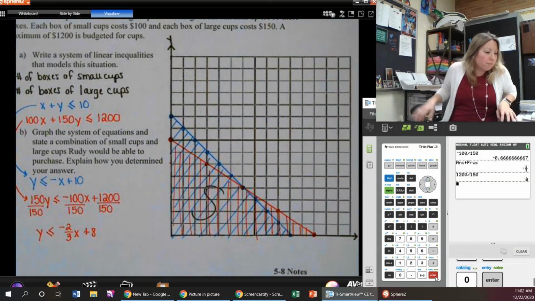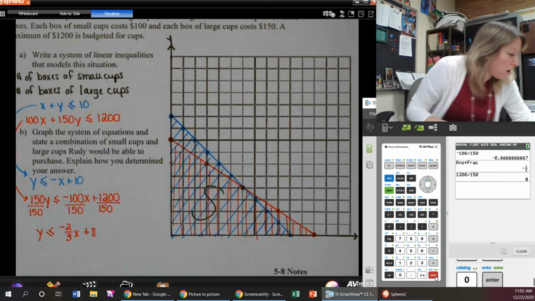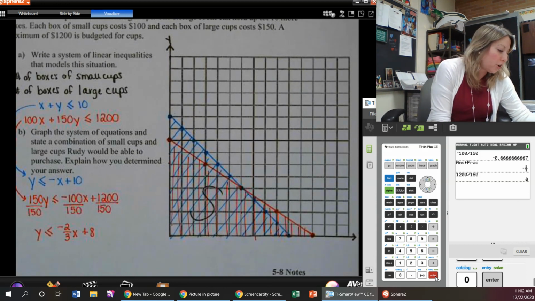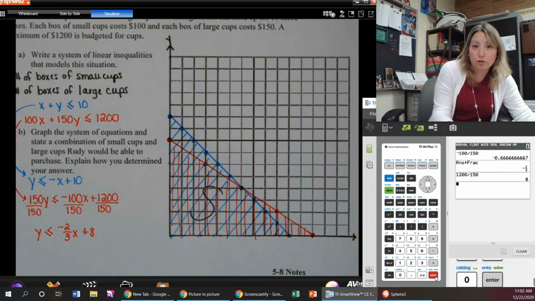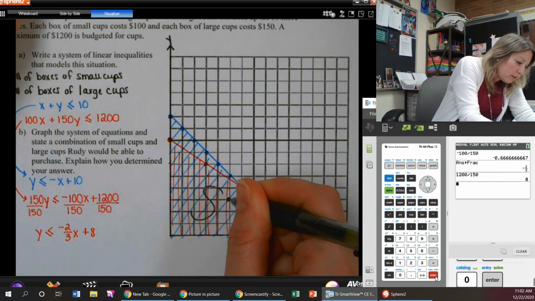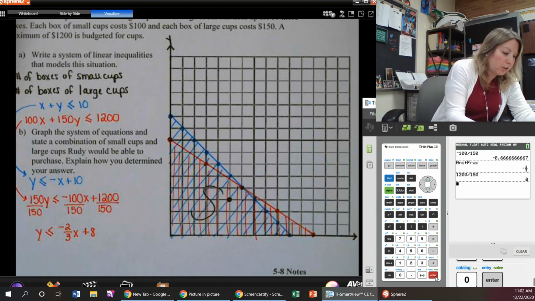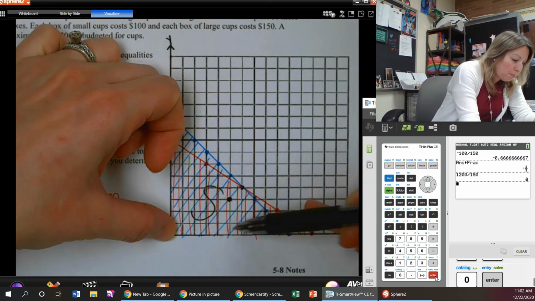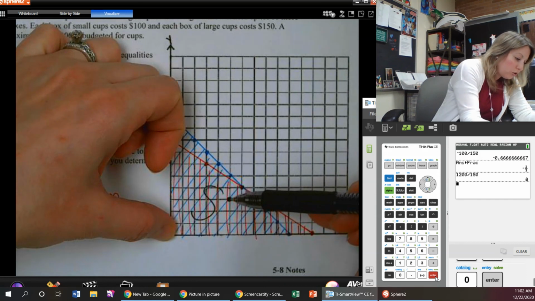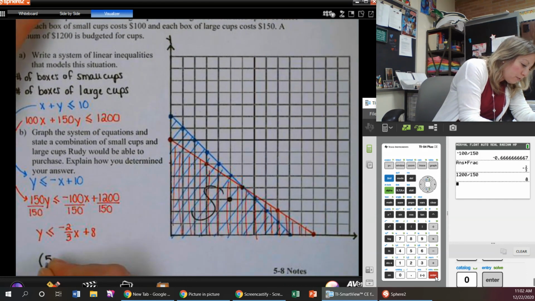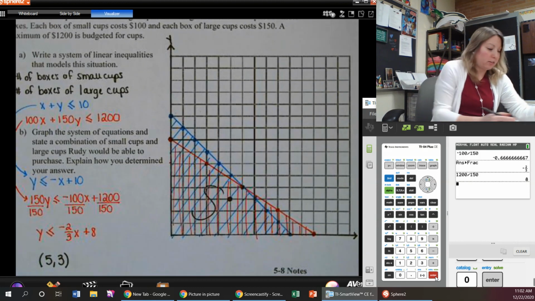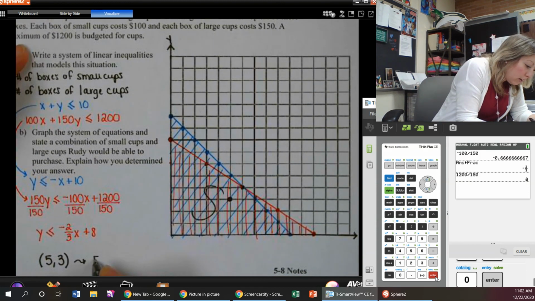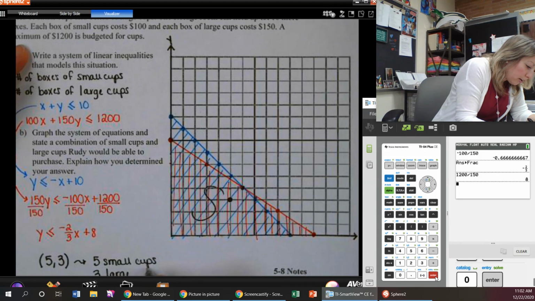Okay, so state a combination of small cups and large cups Rudy would be able to purchase. So let's just pick a point inside this double shaded region. That would be 1, 2, 3, 4, 5, up 1, 2, 3. So 5, 3, which is 5 small cups and 3 large cups.